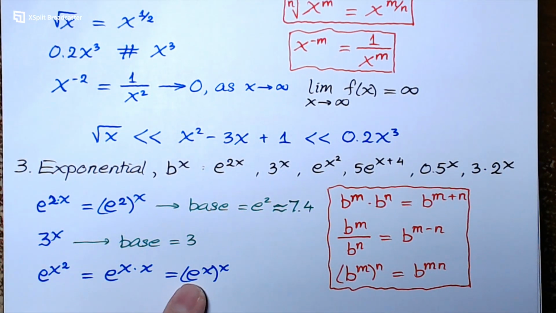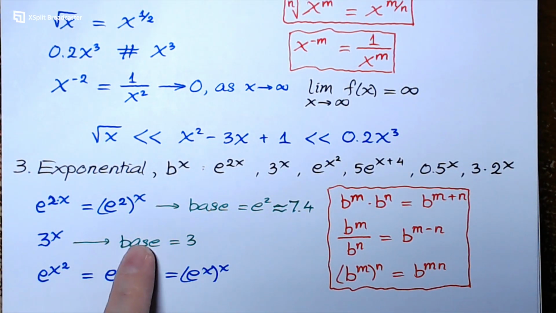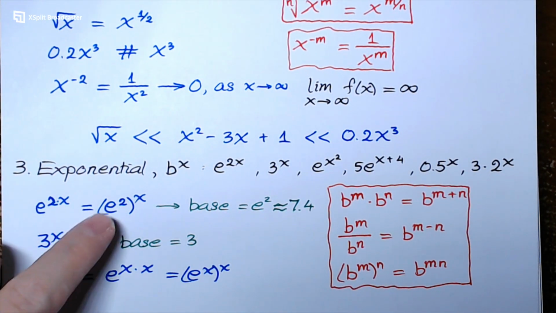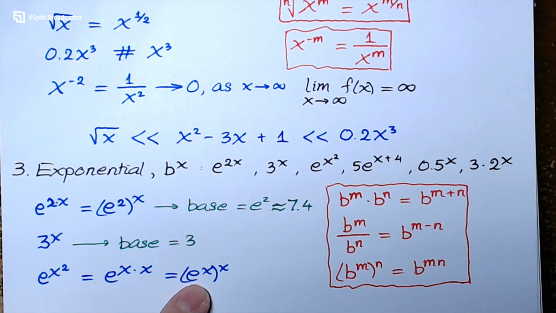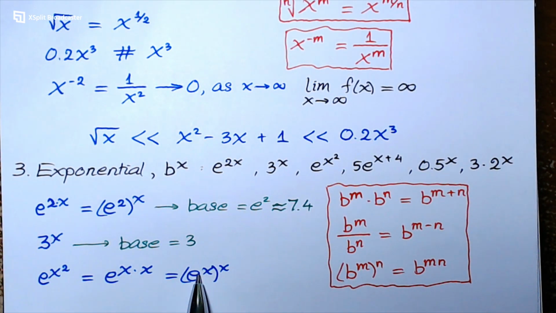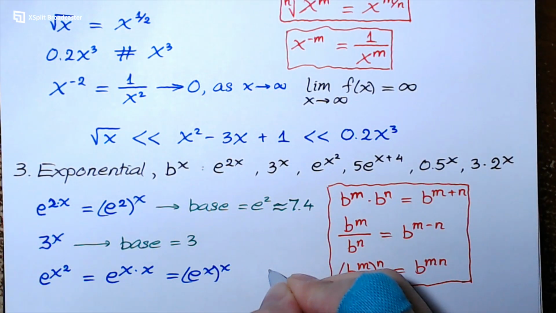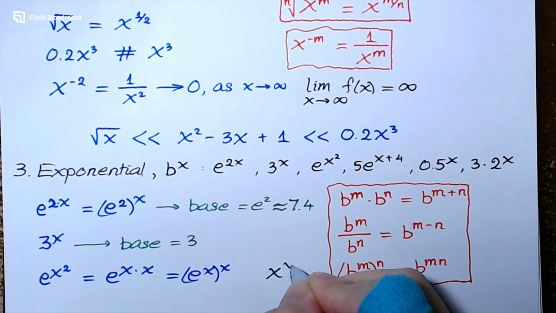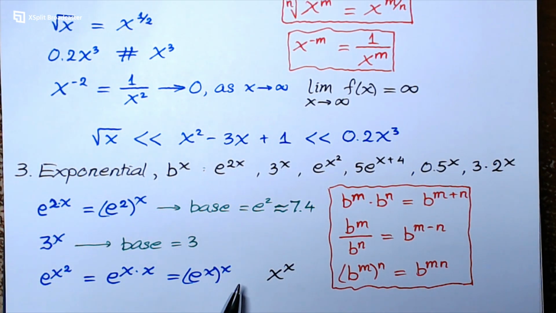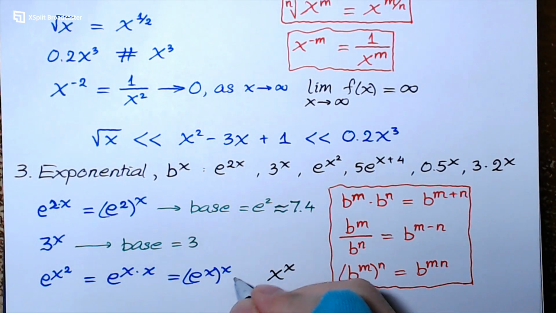Well, we cannot say the base, because the base here is not a constant. As a matter of fact, this is e to the x going very fast. So if you compare this to the tower function itself, this is even faster than the tower function.